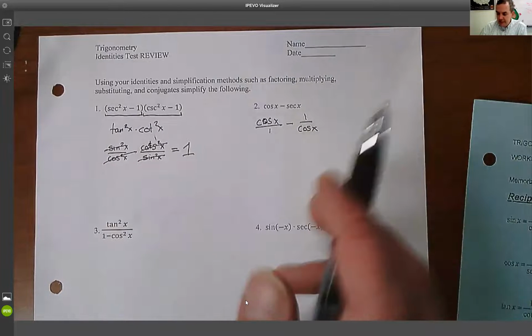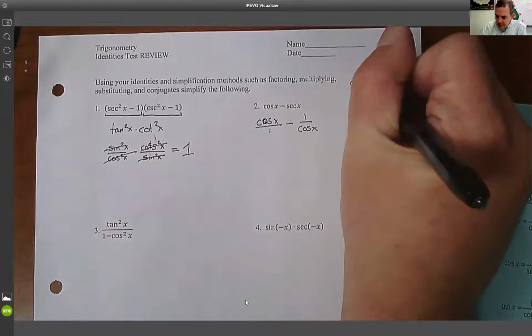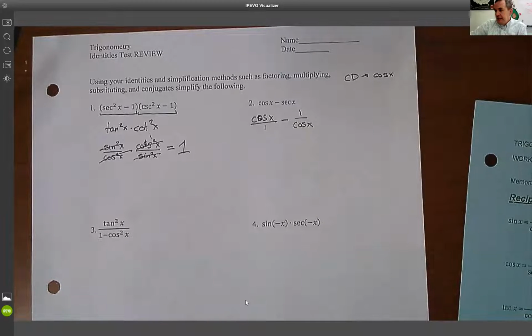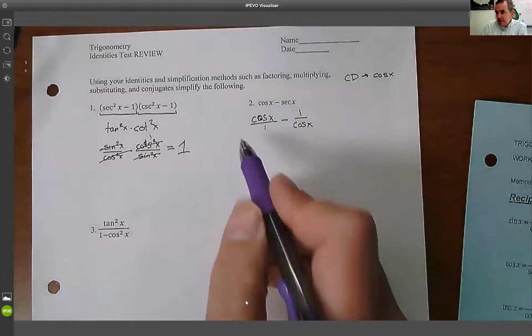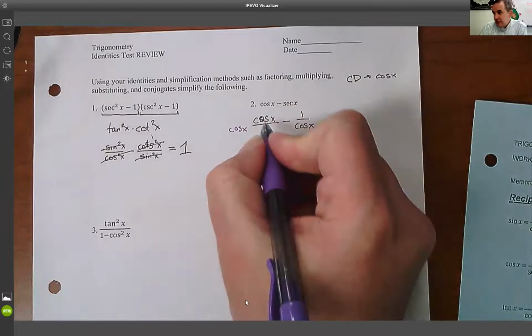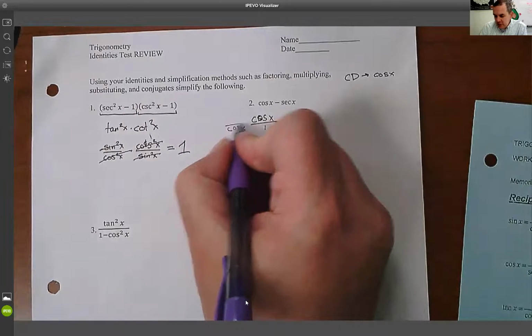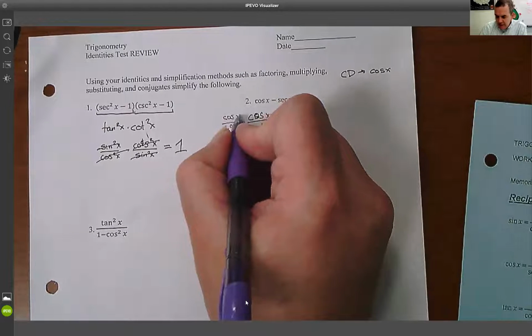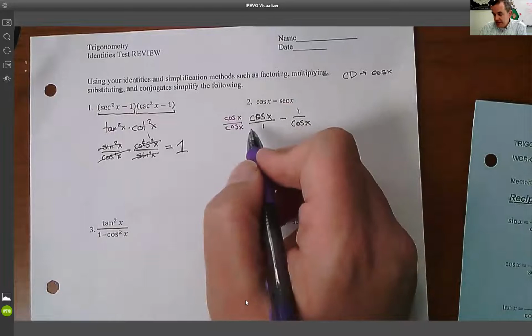So the common denominator here is going to be cosine x. I need to make that first term have a denominator of cosine x. That means I need to multiply the denominator by cosine x, but in the world of common denominators, I'm going to multiply the numerator by it too, because I've got to keep the value the same.